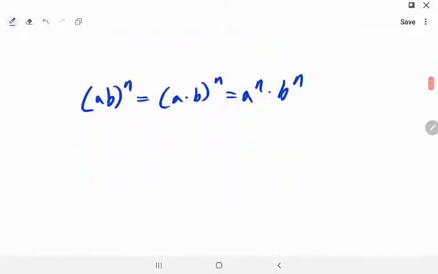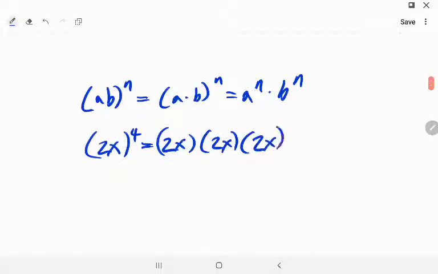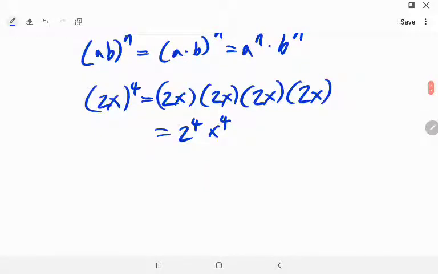Just practicality: if we have 2x to the 4th, that would be 2x times 2x times 2x times 2x, giving us 2 to the 4th x to the 4th. And if we wanted to, we could write the 2 to the 4th as 16. So we get 16x to the 4th.